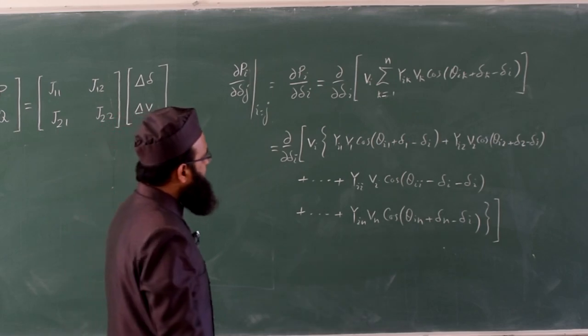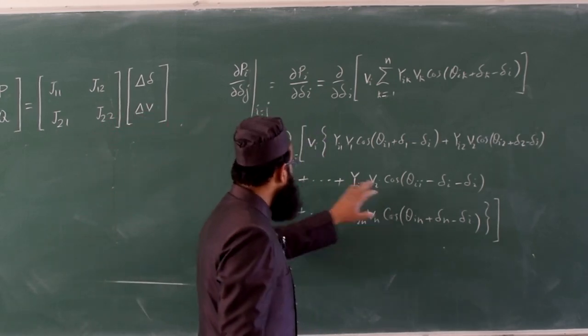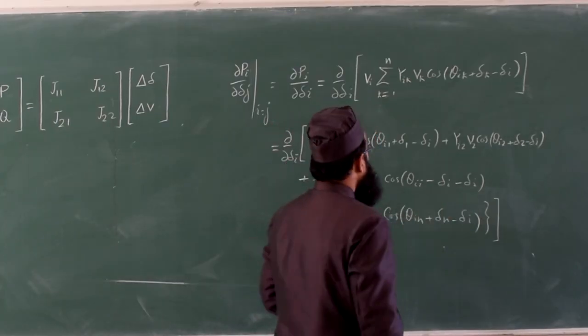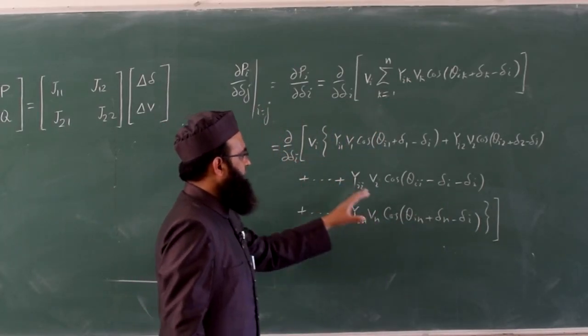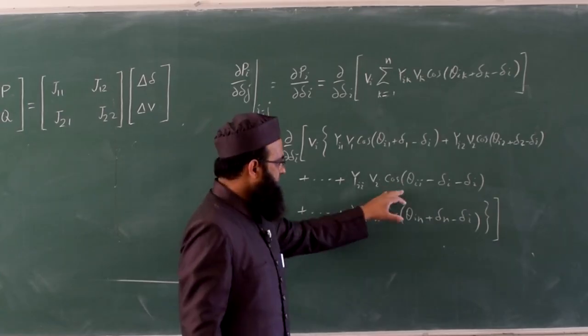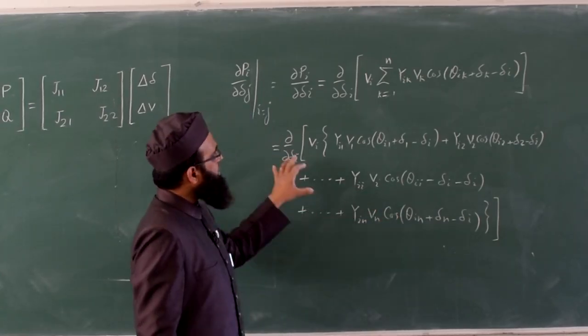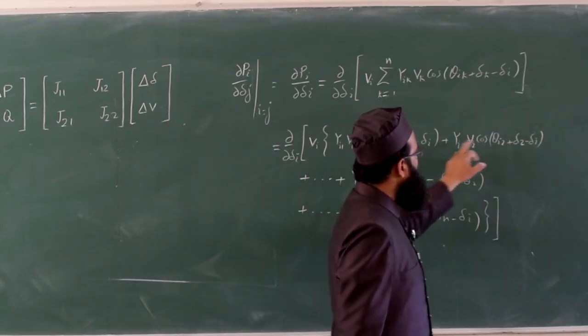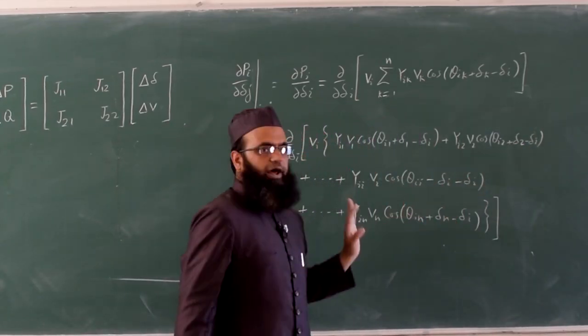Now, here the ith term is independent of δi because these two get cancelled. All other terms behave differently than the ith term. So the ith term becomes independent of δi, but other terms depend on δi. You can see here, everywhere from the first term up to the nth term there is δi except the ith term.